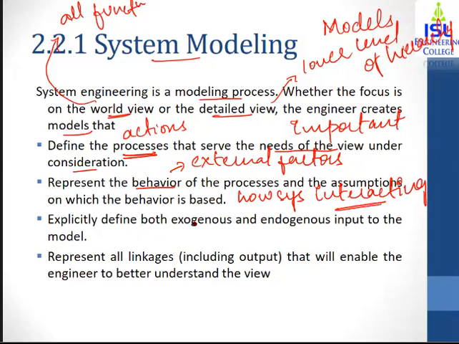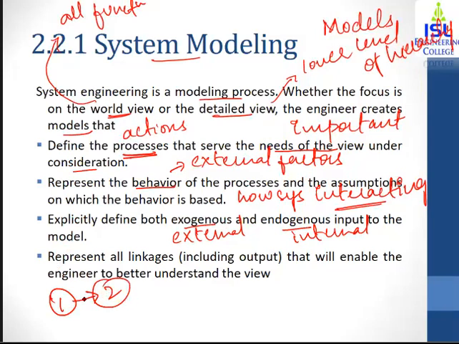The next is to explicitly define exogenous and endogenous input. Now in here, exogenous means external, endogenous means internal. What are the different types of input? That is, whether the input is going to be collected internally, that is from one component. One task is being completed by one component, so this one is going to give output to the second component, whereas this output of one is input for the second one.